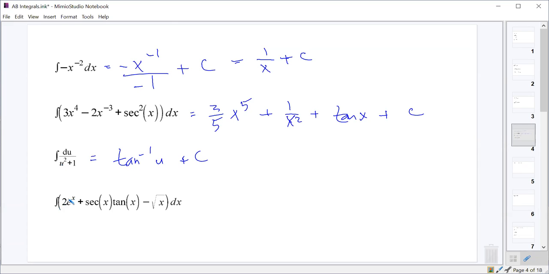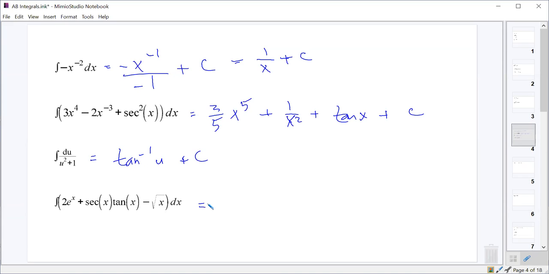What about this one? What about 2e to the x? What should you get if you integrate 2e to the x? Well, what's the integral of e to the x?